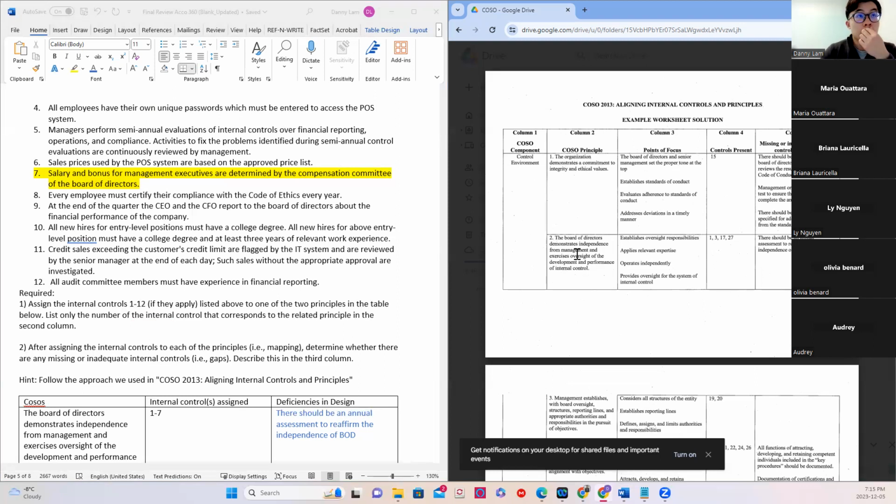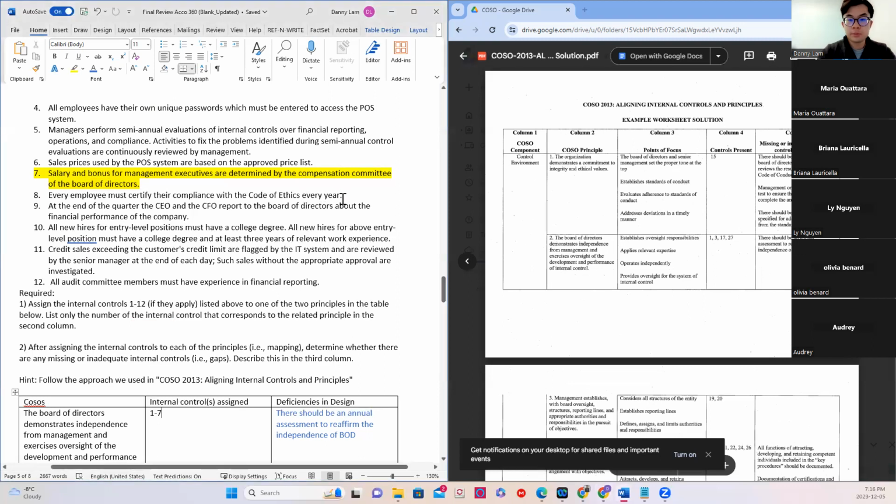Number 2. Are you sure? Because here it says integrity and ethical values. Oh, sorry, number 1. Yeah, so that's why we wouldn't put it in number 2, right? You get it? Yeah.